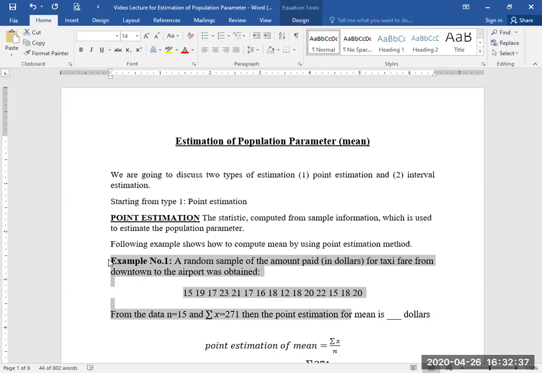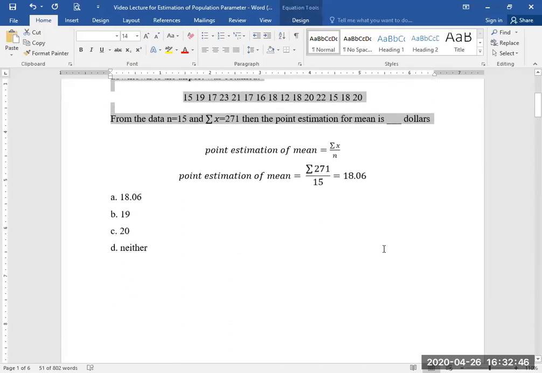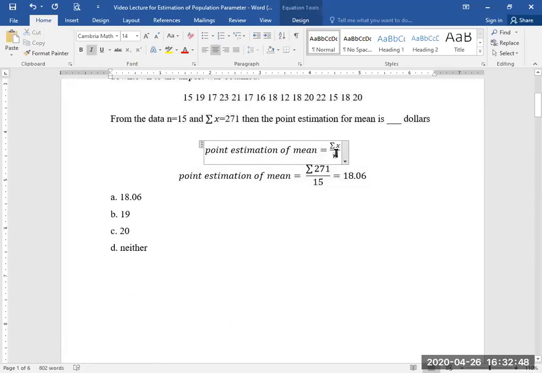Then the point estimation of mean, we are going to find from this formula, which is a very popular formula used to find the mean.